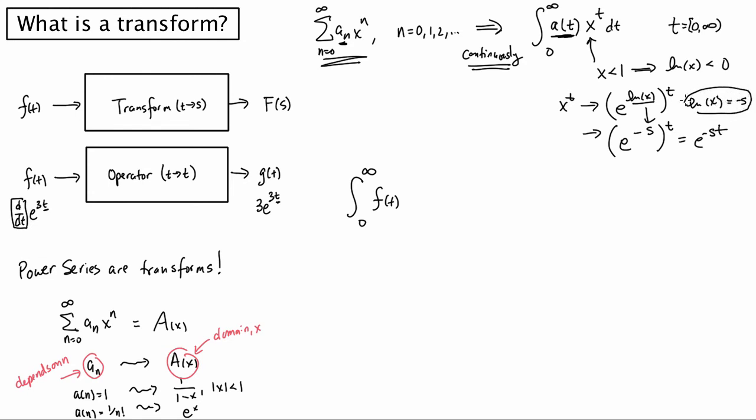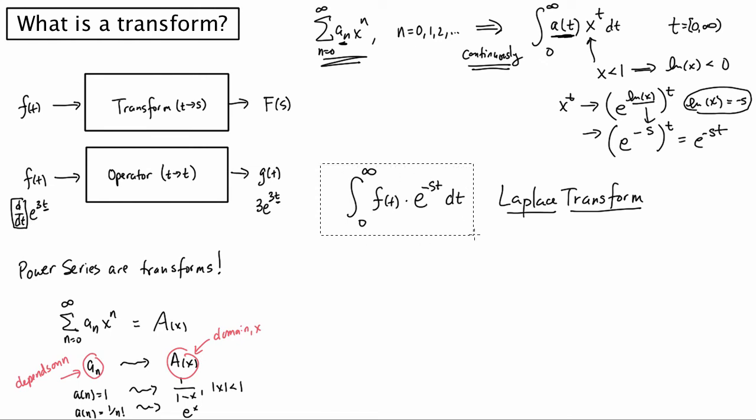So once we make that change of variables, this becomes e to the negative st dt. And it turns out that this is what is known as the Laplace transform. And what I want you to get out of this mainly is that the Laplace transform is the continuous analog of the power series.